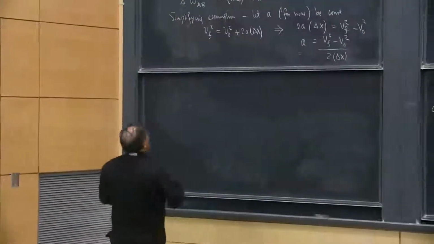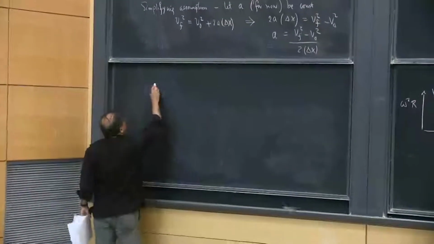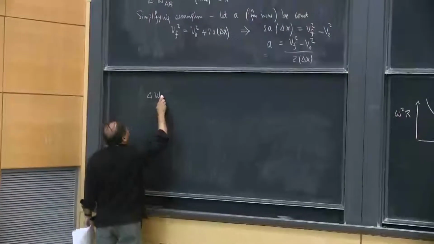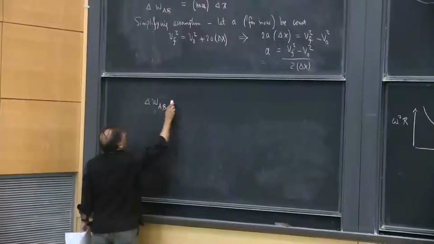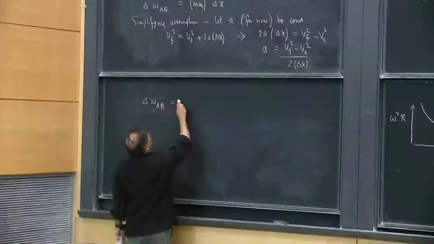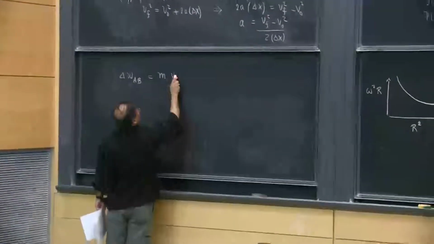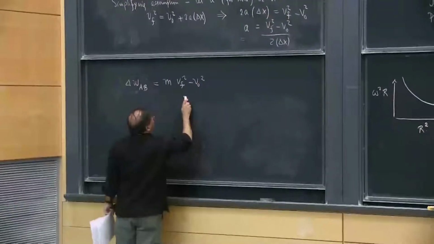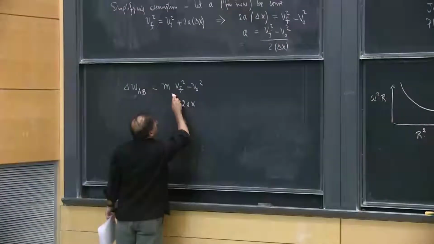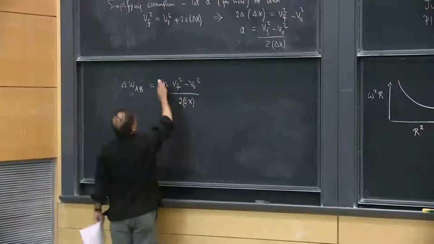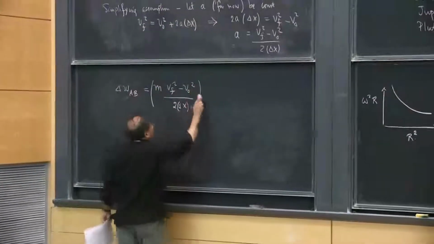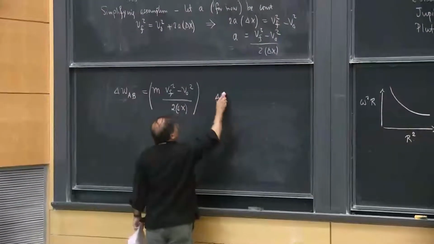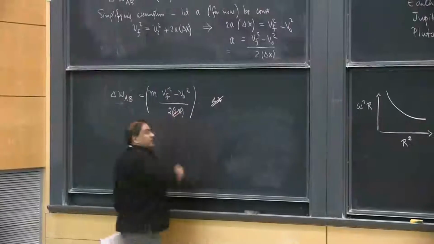So now I should be able to write my work energy theorem, this thing here that I'm building up to. Delta W_AB is mass times v final squared minus v0 squared divided by 2 delta x. Alright, so this is my ma times delta x. So happily the delta x's will go.